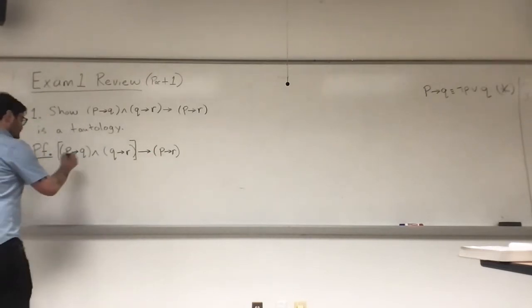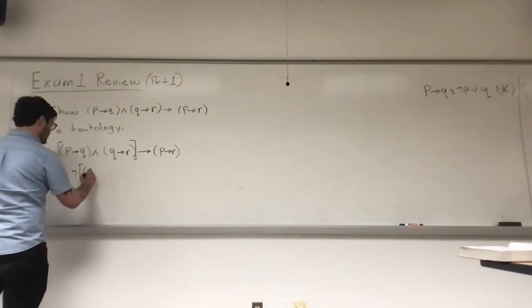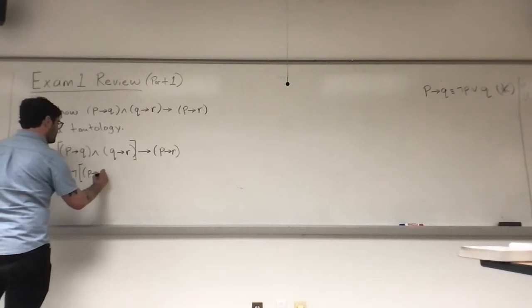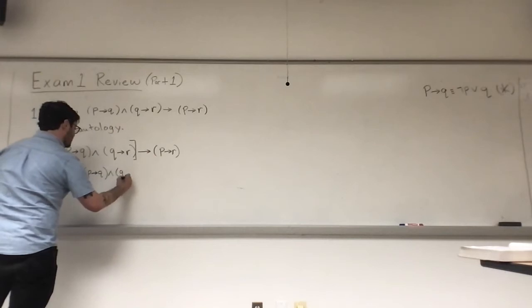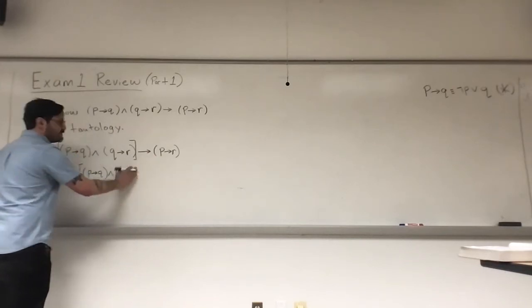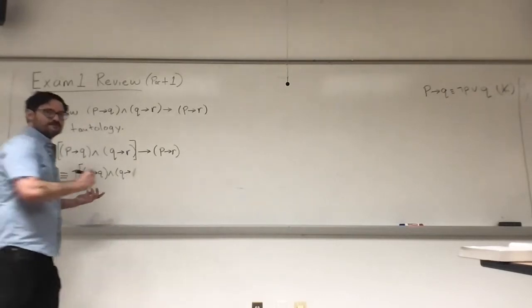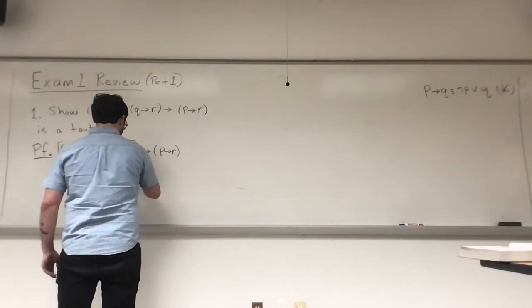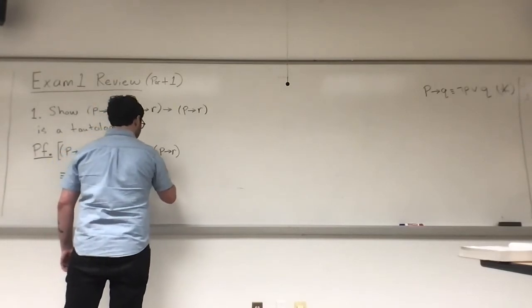So this is logically equivalent to not this thing. Just to be very careful, I'm not going to do that right now. And I'm not just saying that, I don't think I've solved this problem before, so I'm being very careful. It's really easy to make mistakes.